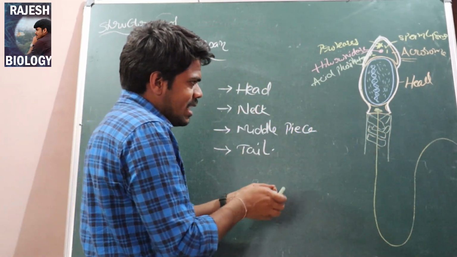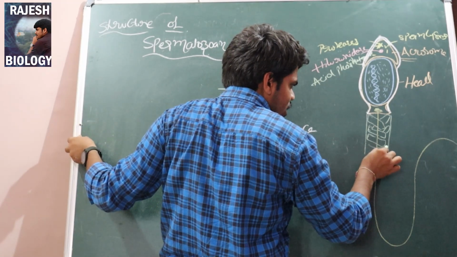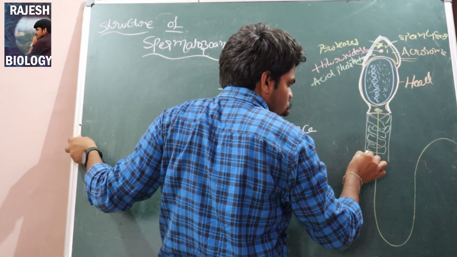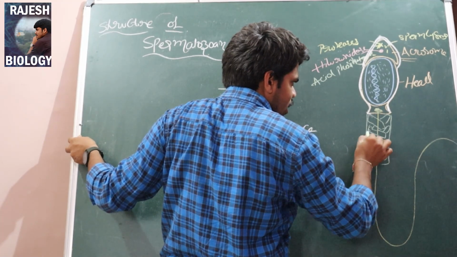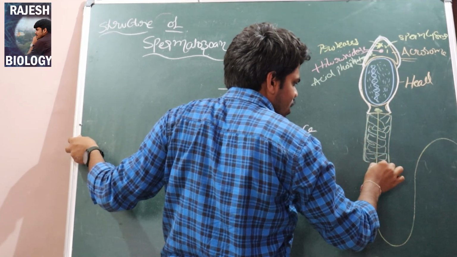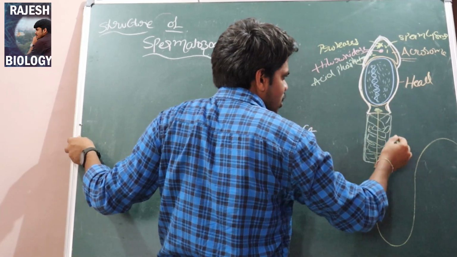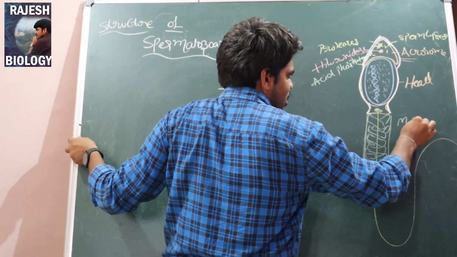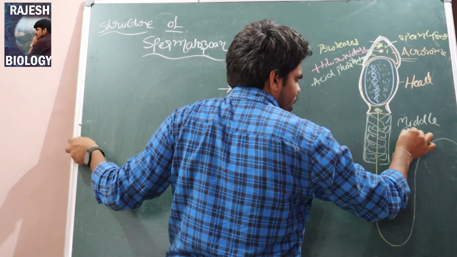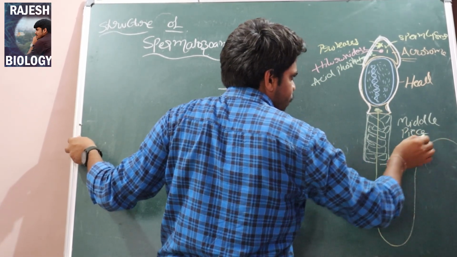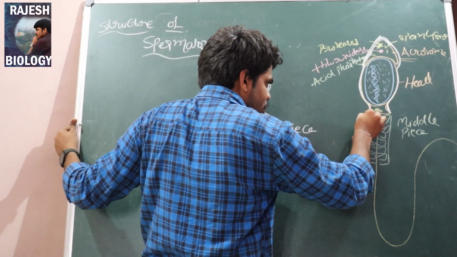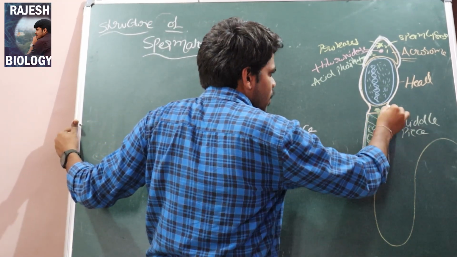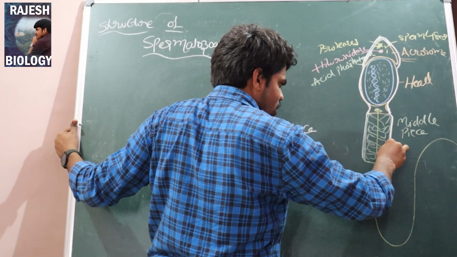The entire axial filament is covered by numerous mitochondria, not only one or two. This portion is called the middle piece. And this middle piece is also covered by the plasma membrane, which means the mitochondria are also covered by plasma membrane.